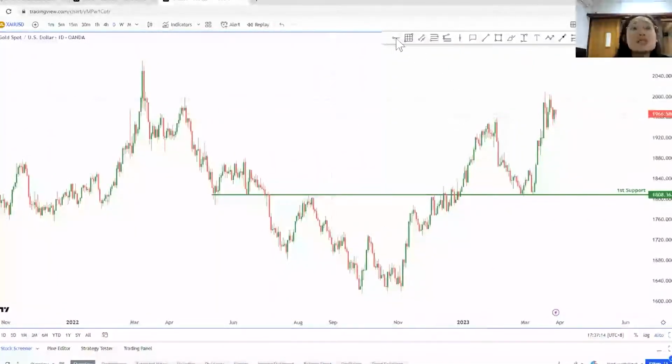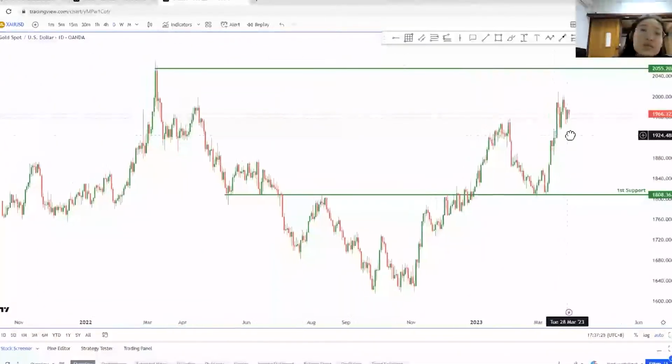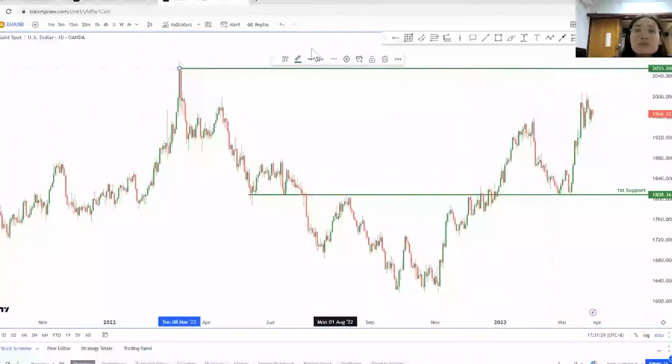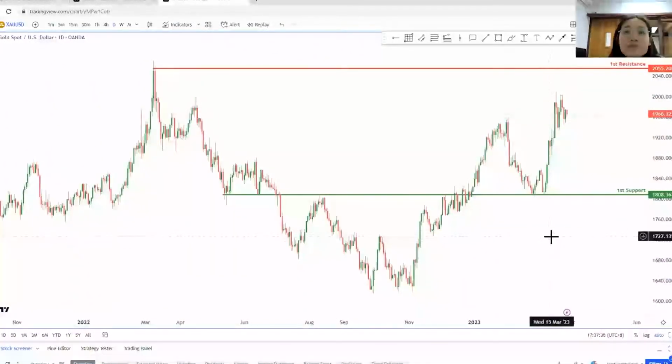Now let's pick out our first resistance level. So your first resistance level, similar to first support, would be the swing high that's closest to where price currently is. Okay?